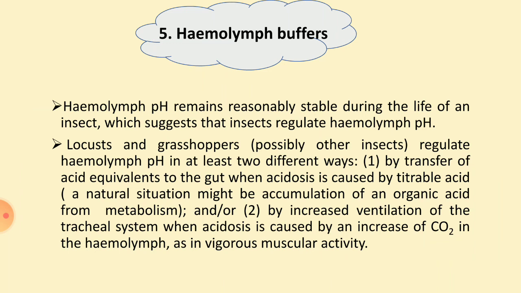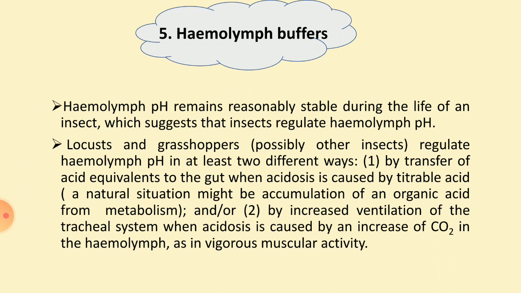First, by transfer of acid equivalents to the gut when acidosis is caused by titratable acid. So, it is a natural situation, might be accumulation of an organic acid from metabolism.